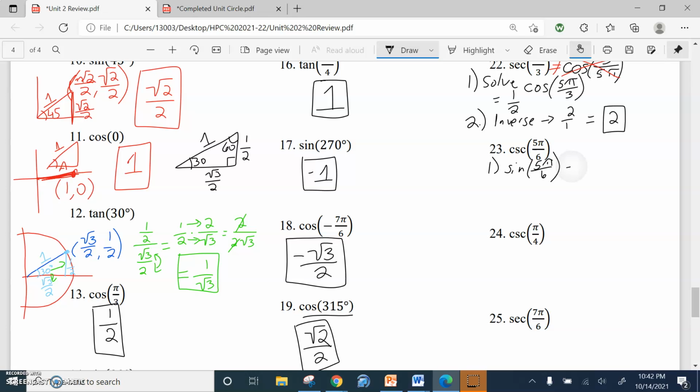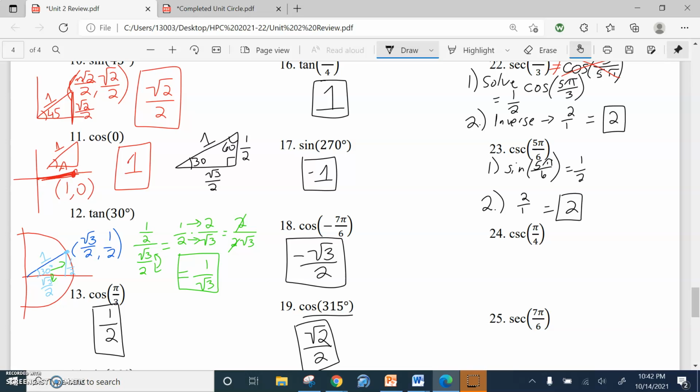So step 1, we said that's equal to 1/2, and then step 2, we invert that and we put it as 2 over 1, and we come out as the same answer. So questions 22 and 23 do happen to have the same exact value, although they're completely different problems.